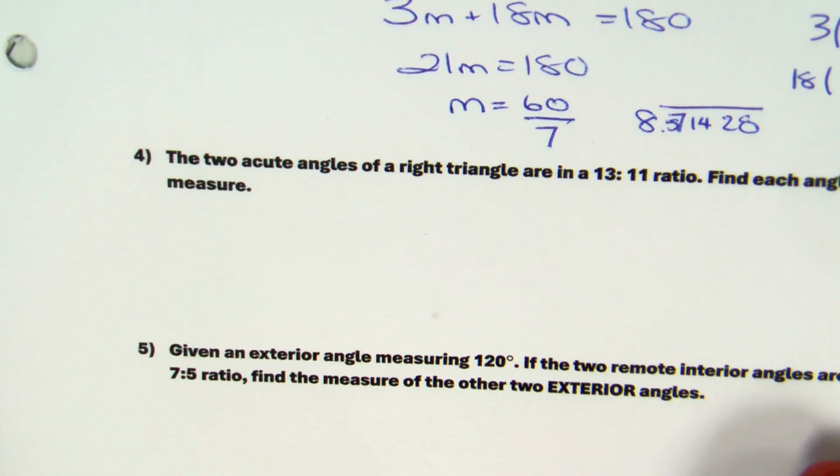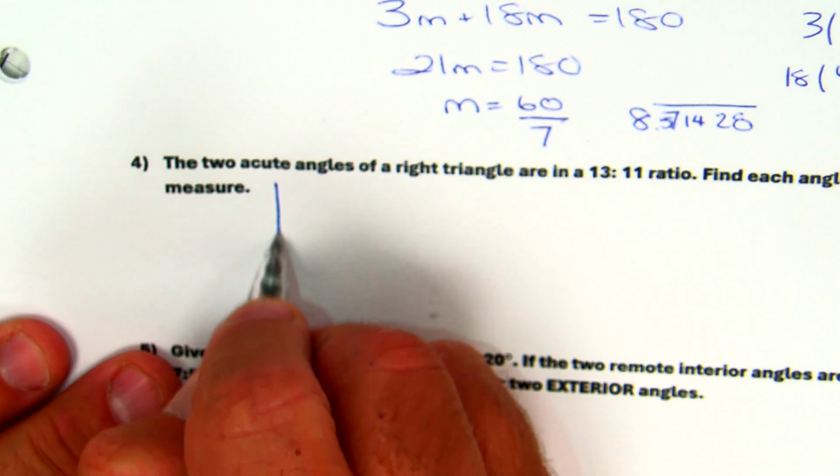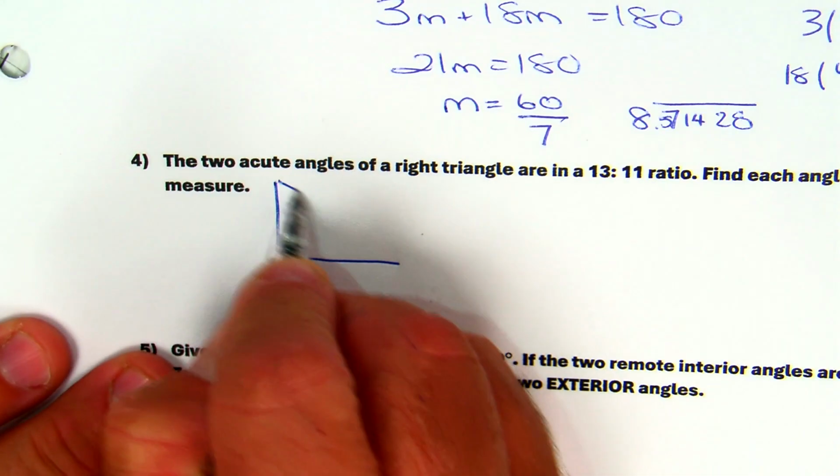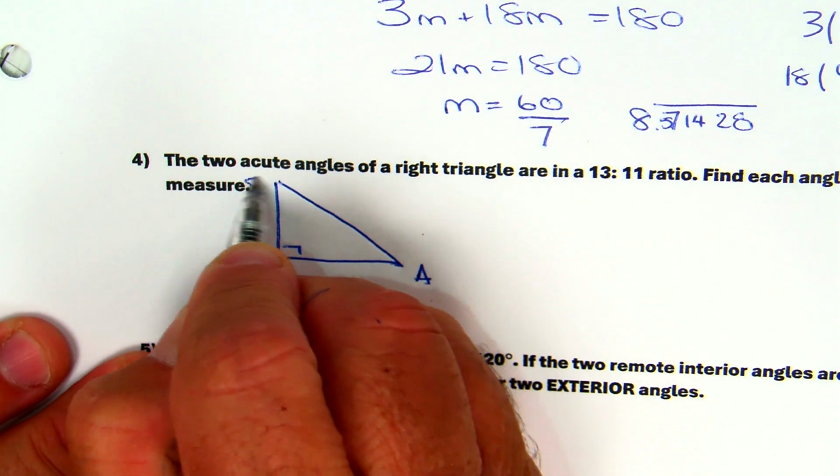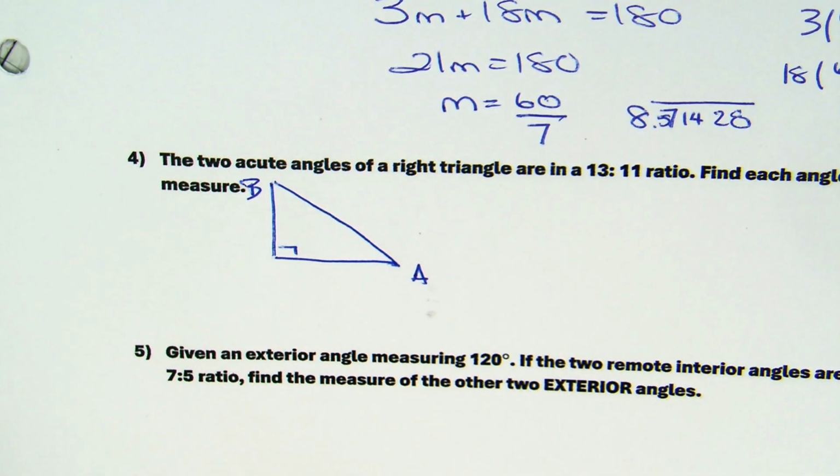The two acute angles of a right triangle are in a 13 to 11 ratio. So we're talking about angles A and B in that diagram. From Thursday and Friday's work, angles of a triangle always add up to 180. So if the one angle is 90 degrees, then the remaining two angles also add up to 90 degrees, making them complementary.